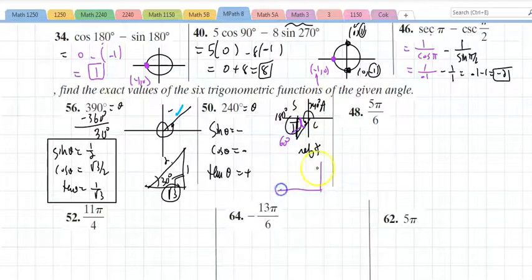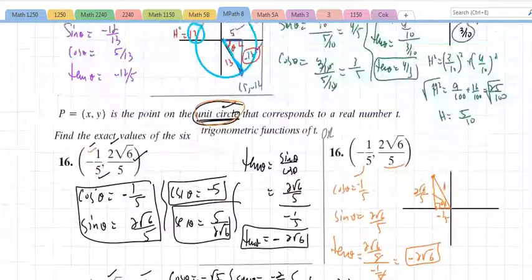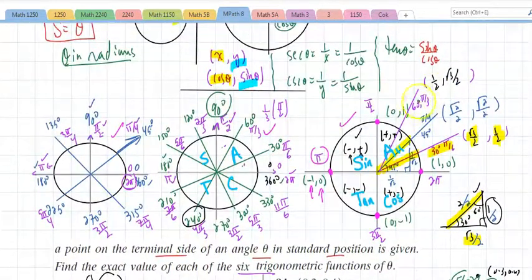Wait a minute. I know that triangle. If this is 1, this is 2, this is radical 3, for a reference angle of 60 degrees, I could come using trigonometry. There's 60 degrees. Sine is radical 3 over 2, cosine is 1/2, and tangent is sine over cosine.